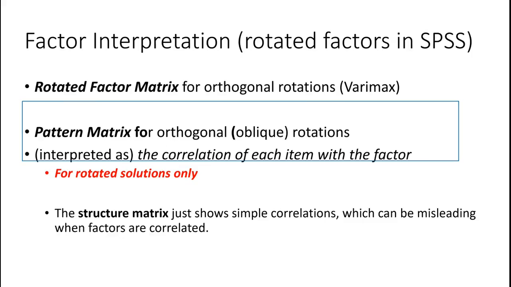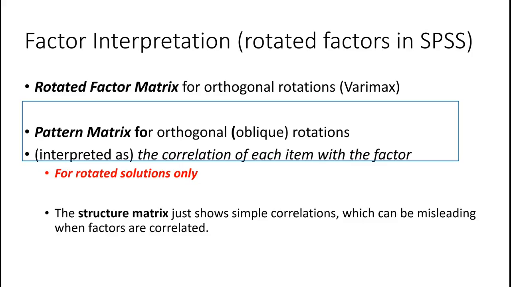Something may or may not come out of your results called the rotated factor matrix, which also sounds like what we want. It's not what you want. If you're using an oblique rotation, you want the SPSS result called the pattern matrix. If you didn't rotate, you won't get a pattern matrix, in which case you would then want the structure matrix. That's just an SPSS historical hanger-on.